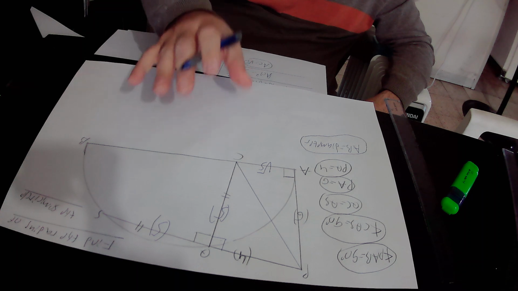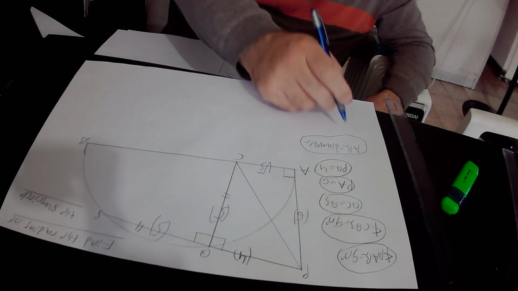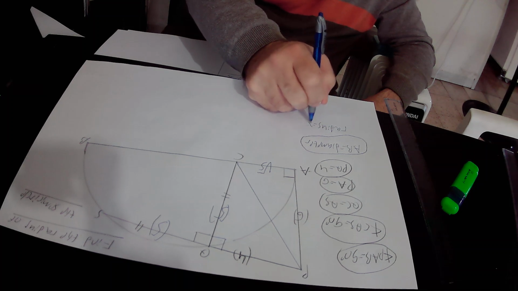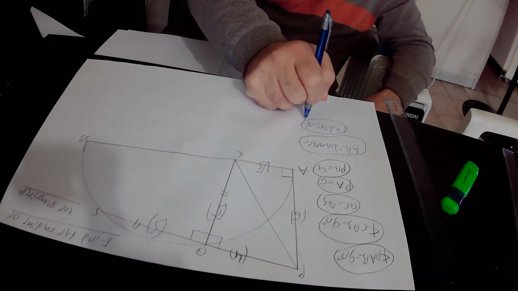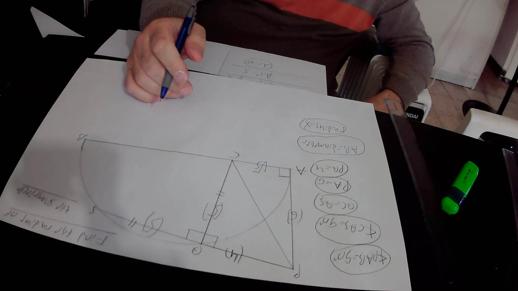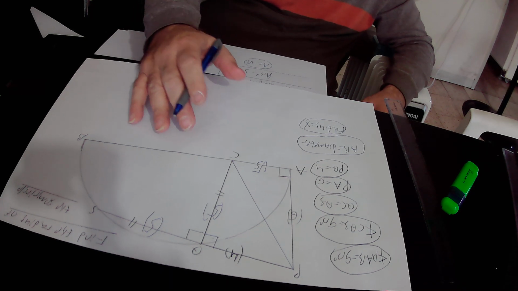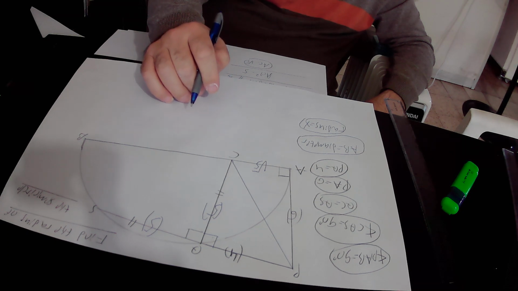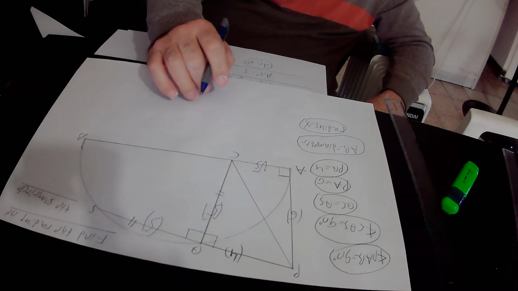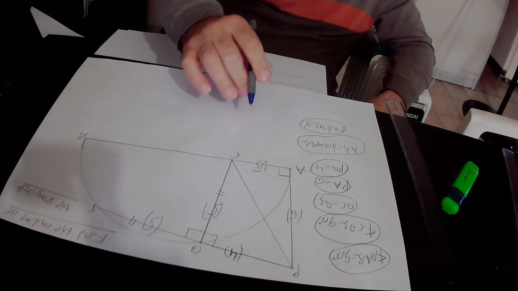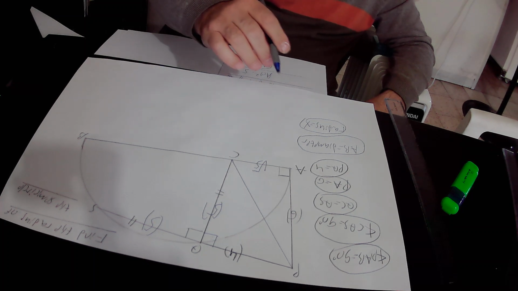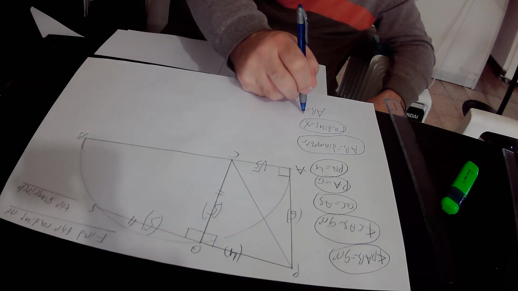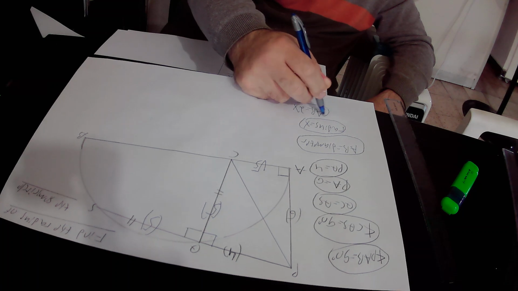So if we define the radius of this semicircle as x, I remind you that the radius of the semicircle is the radius that we are looking for in this question. So if the radius of the semicircle equals x units in length, then the diameter AB must be equal to 2x. AB equals 2x.